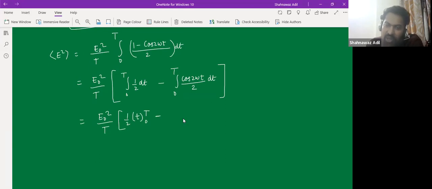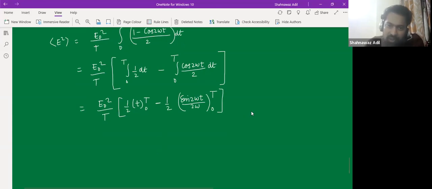And this cos 2 omega t integration would be how much? 1 by 2 is taken outside. Integration of cos 2 omega t is plus sine 2 omega t divided by 2 omega, right? And then we put the limit t to 0. So then what will we get?